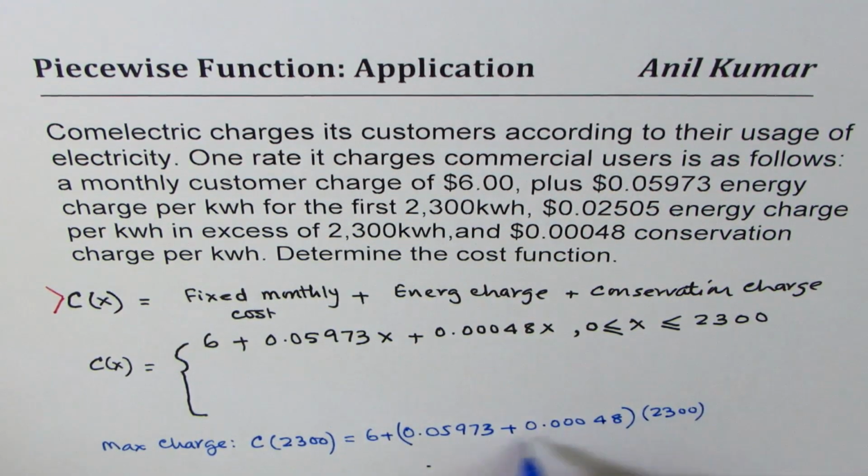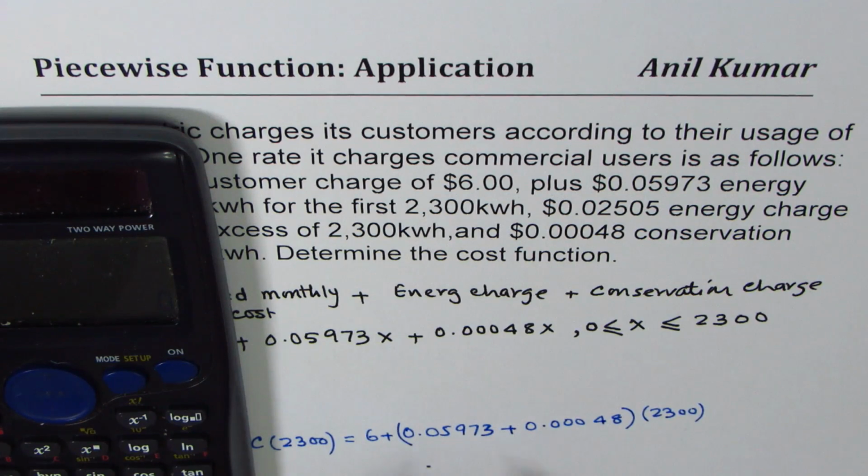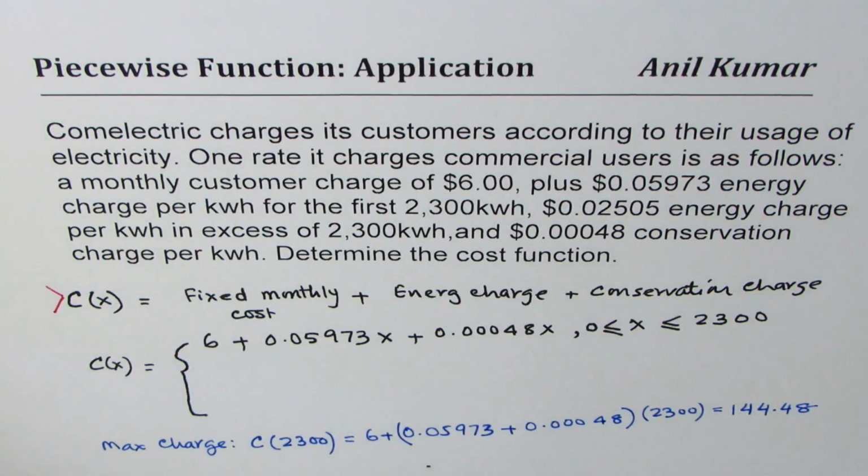Or you could do it separately. So we have 6 plus, within brackets, 0.05973 plus 0.00048, bracket close, times 2300, which equals $144.48. This value is in dollars.